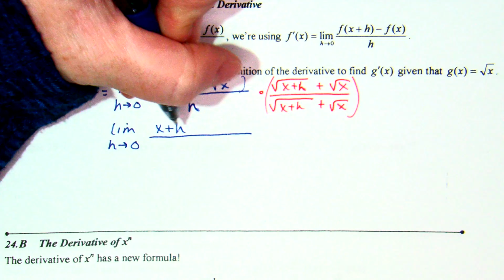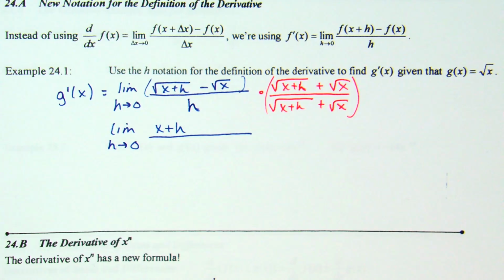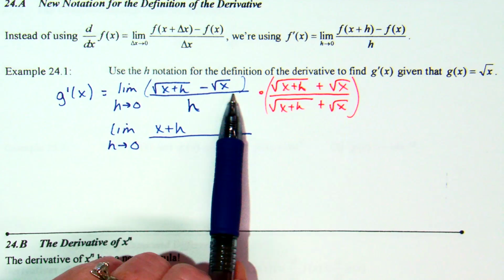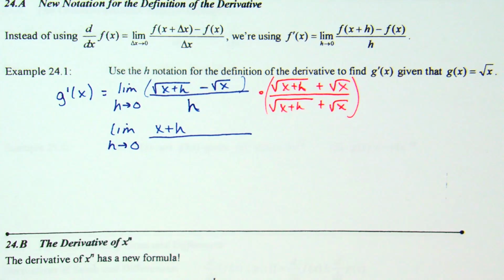What happens when you multiply conjugates to the outside and inside terms? They cancel. So you'd have a plus square root of x times square root of x plus h, and a minus square root of x times square root of x plus h. So my middle terms cancel. What's last? Minus square root of x times positive square root of x. Square root of x times square root of x is x, and a minus times a positive is a minus.